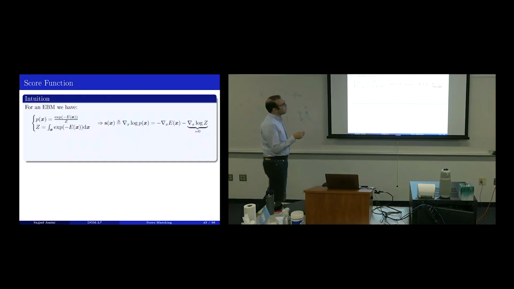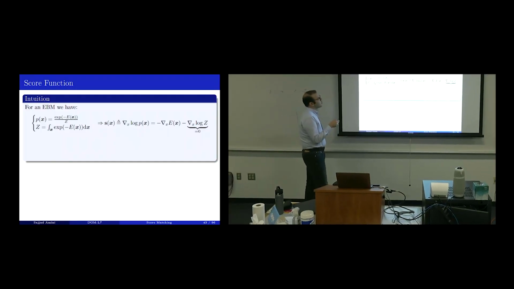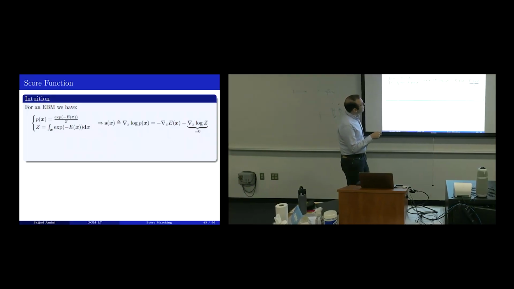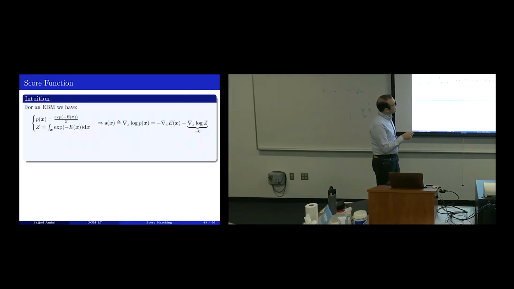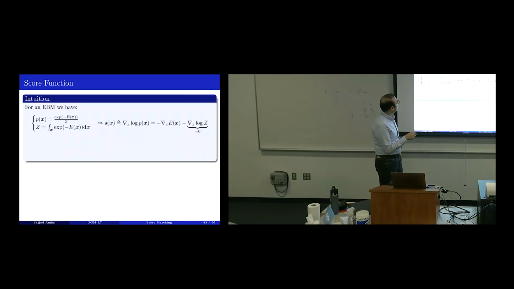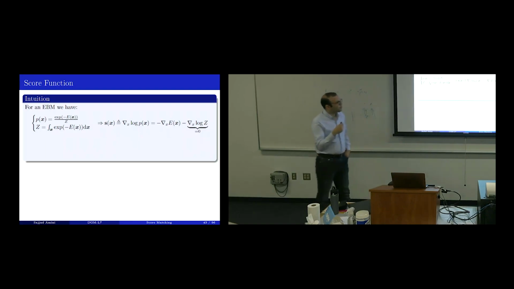We know that the normalized distribution is the exponent of minus energy divided by the partition function, and the partition function is the integral of the exponent of minus energy. If you calculate the gradient of the log of the model distribution, you will see something which is independent of the partition function, and this gives you some signal on how to get rid of the partition function.